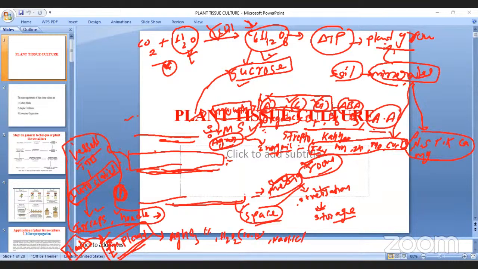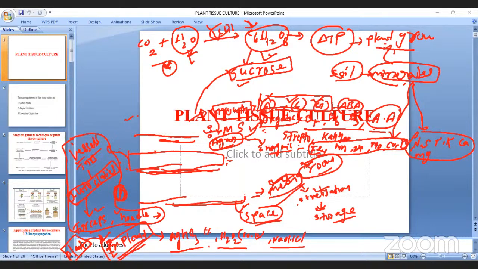These are the major chemicals. So we should sterilize the explant with AgNO3, H2O2, or sodium hypochlorite: silver nitrate, hydrogen peroxide, sodium hypochlorite. With the help of these, the explant is also sterilized.